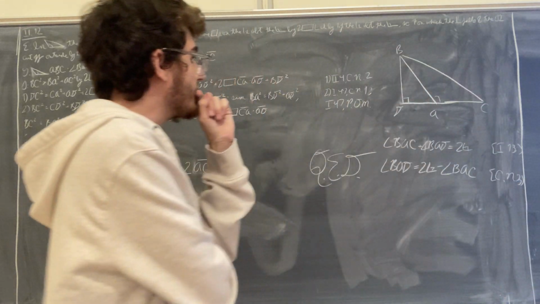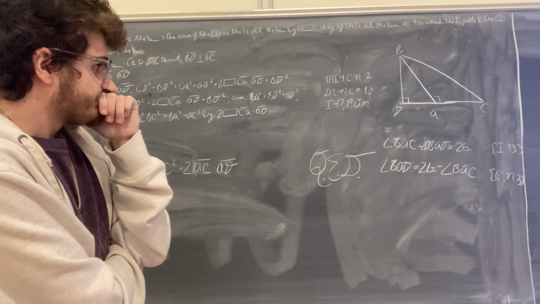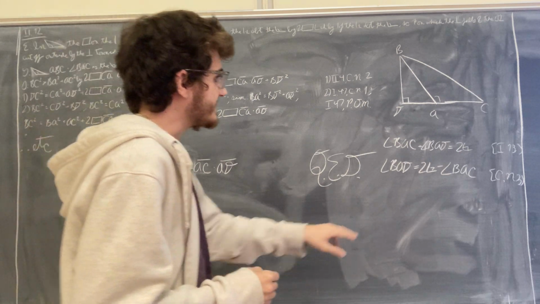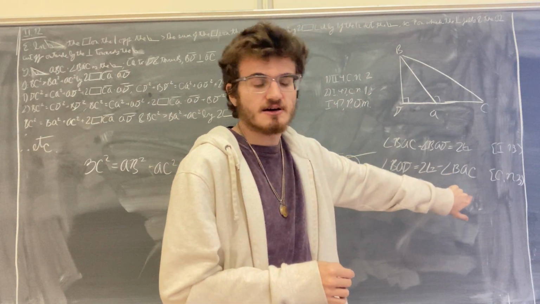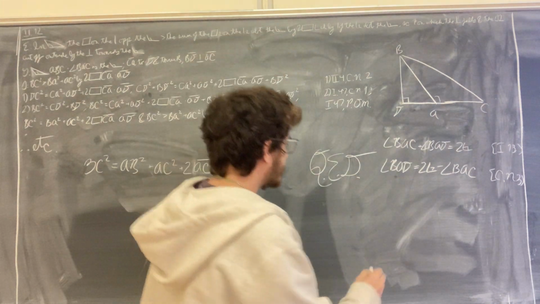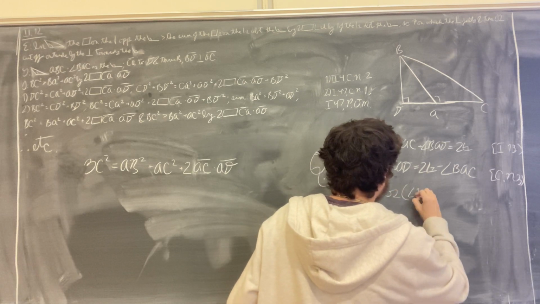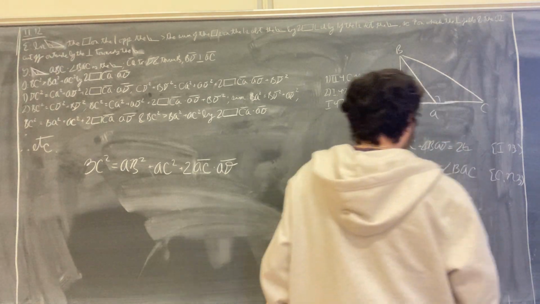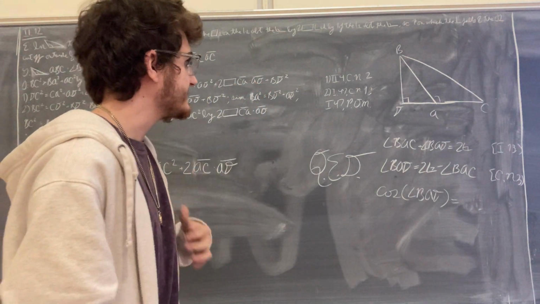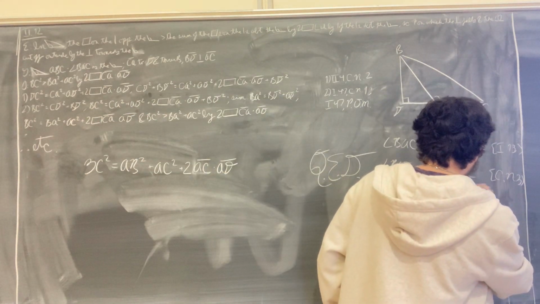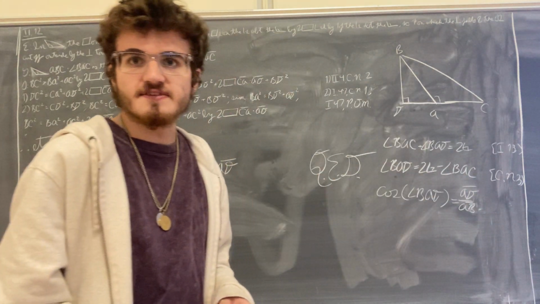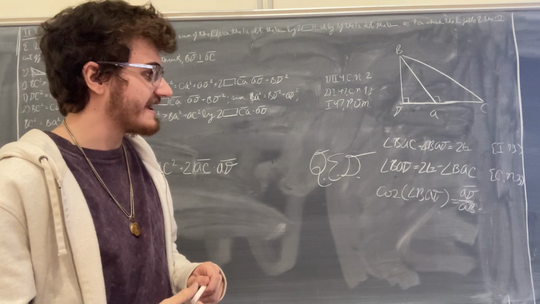Now, if we take the cosine of angle BAD, well, the cosine is adjacent over hypotenuse, so the adjacent to angle BAD is AD, and the hypotenuse here being AB, so that the cosine of the angle BAD is AD over AB.